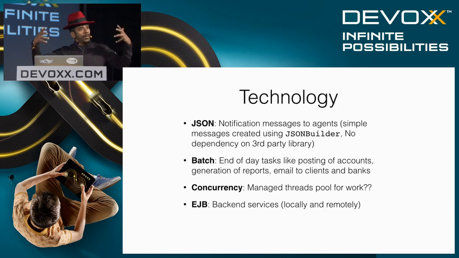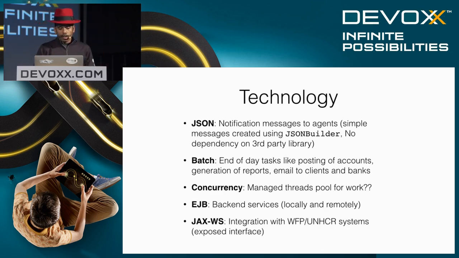We talked about EJB a little bit. EJB was doing the heavy lifting on the backend services. They were using local EJBs, that means within a WAR file, and they were using remote EJBs. They were doing remote invocation across the WAR files. Now, we generally don't see any new project really using a lot of JAX-WS or SOAP-based web services, but this works very well if you have a legacy integration system.